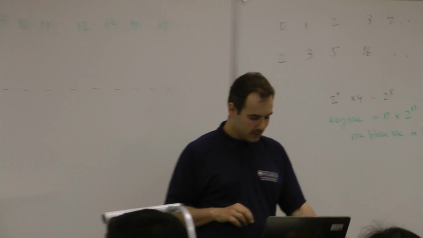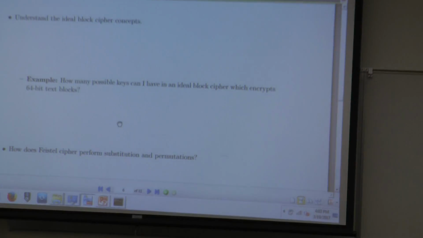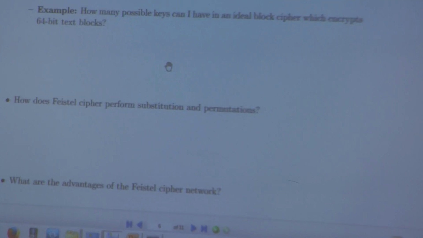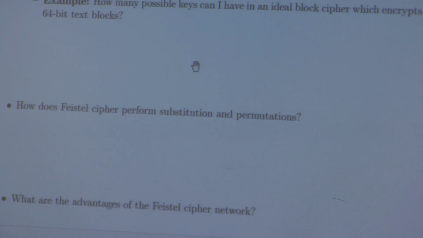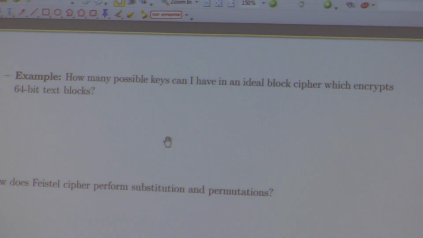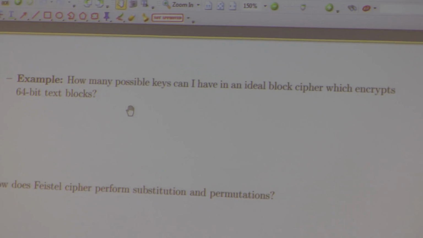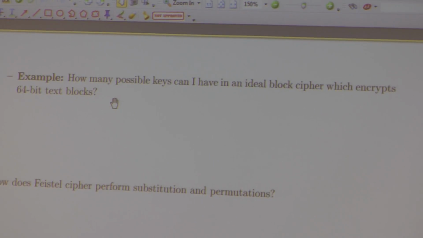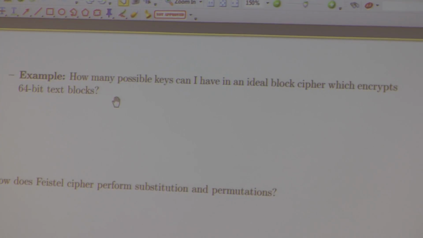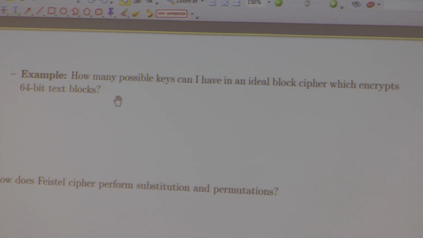All right. So there is a question. How many possible keys can I have in an ideal block cipher which encrypts 64-bit blocks? Well, we just did that, right? If it asks us how many possible keys, it would simply be 64 times 2 to the 64.